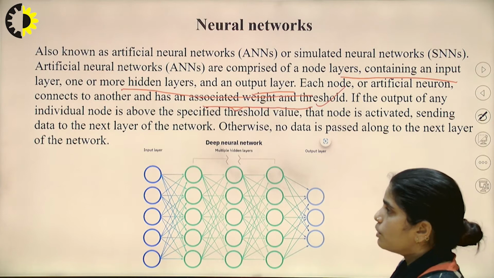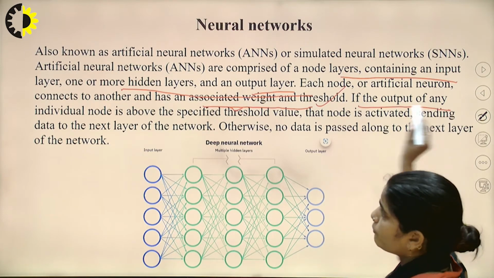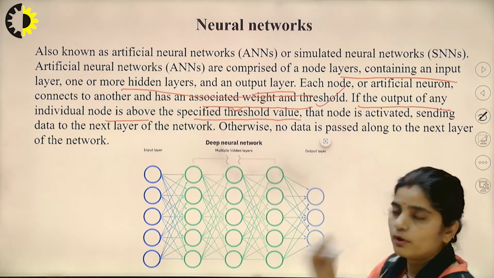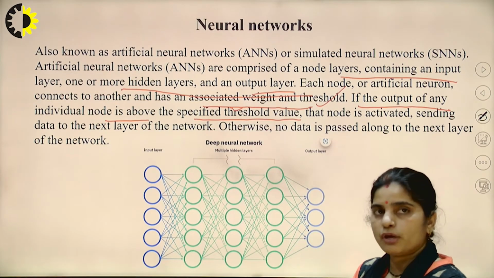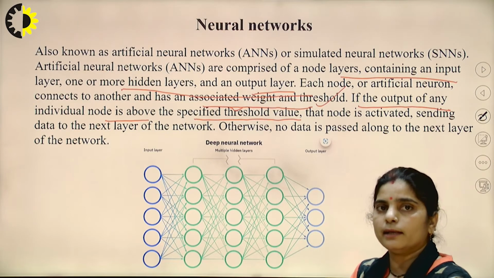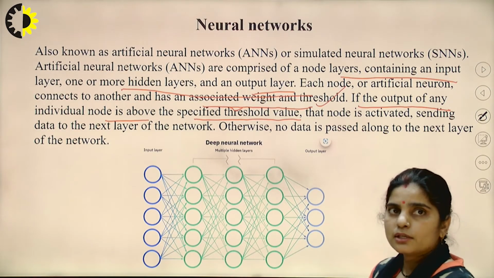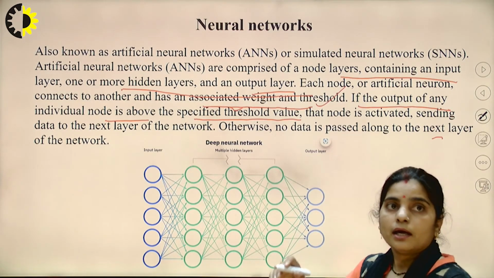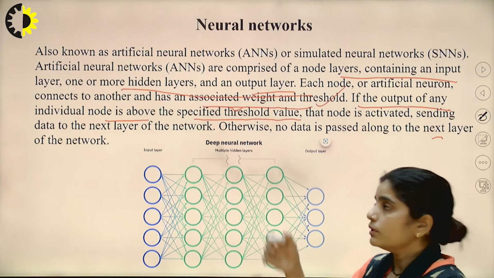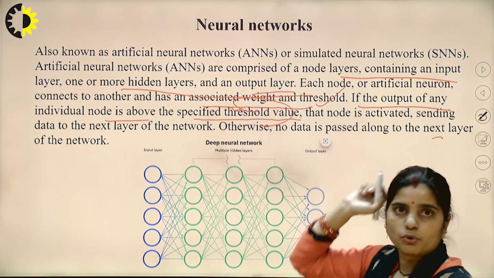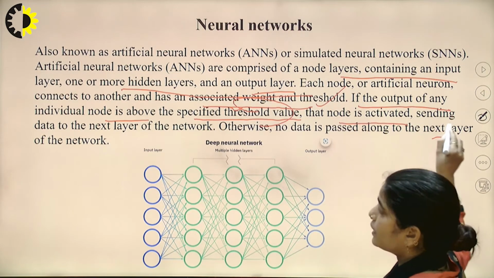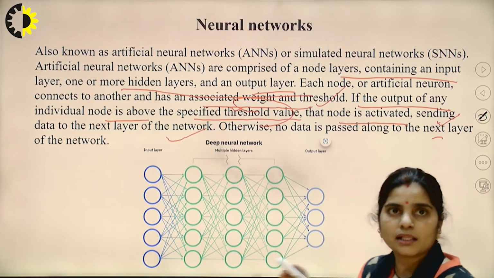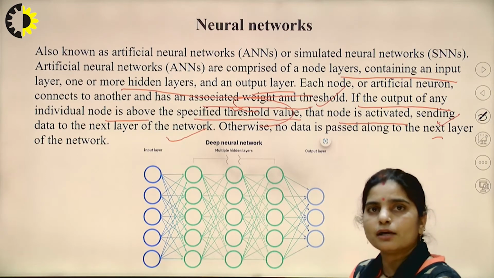The basic concept used here is that if the output of any individual node is above the specified threshold value, then during the execution of that neural network, that node will be activated and can send the data to the next layer of the network. Otherwise, no data will be passed to the next layer of the network.